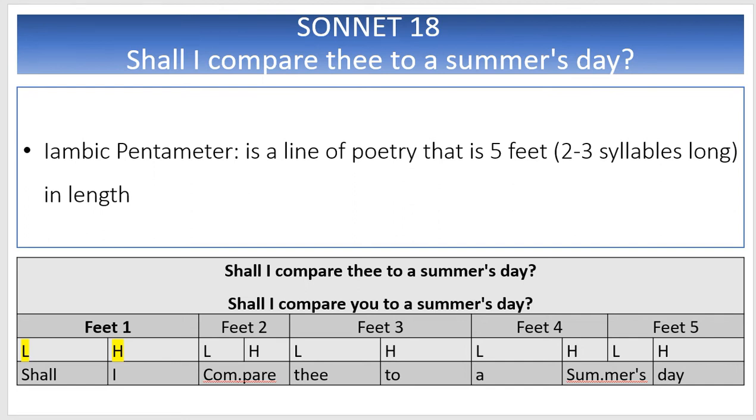Now, the first word, shall, is basically 1 syllable. I is another 1 syllable. Compare is divided into 2 syllables. Then the is one syllable. To, one syllable. A, one syllable.